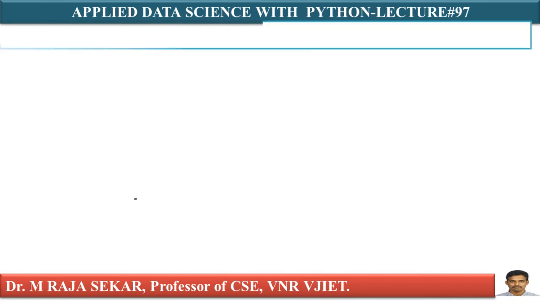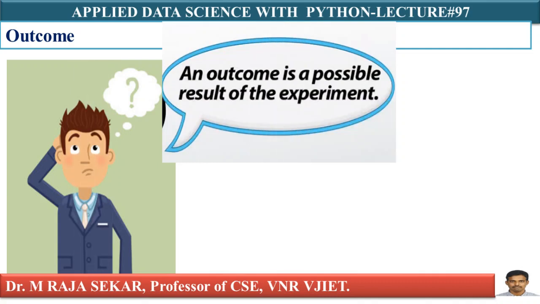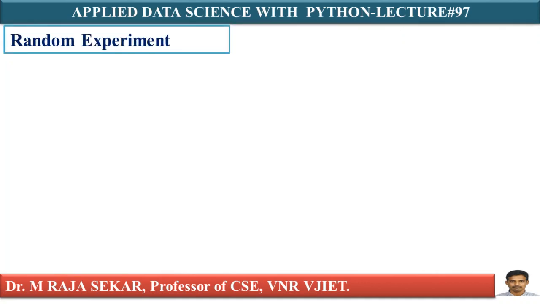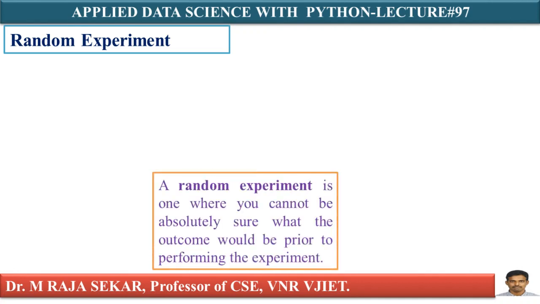Just see, first we will try to understand what is outcome. An outcome is a possible result of the experiment. Then what is random experiment? An experiment in which all possible outcomes are known in advance, but we don't know which possible outcome occurs.